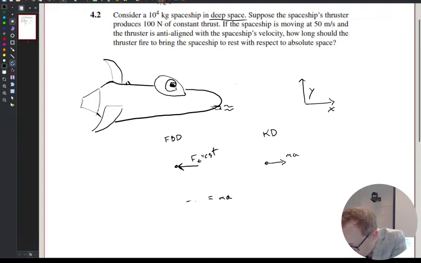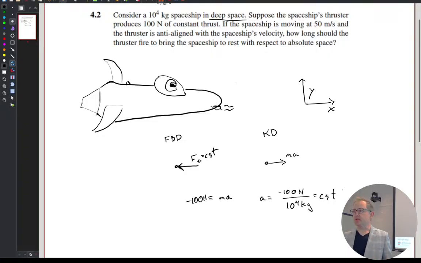Why don't we just plug in the 100? Since it's a constant 100 newtons, A is constant. So we can plug that right into the kinematic equations. So we know A, now we know how far it's going to move. We can figure out how much time it takes for that velocity to go to 0, right?